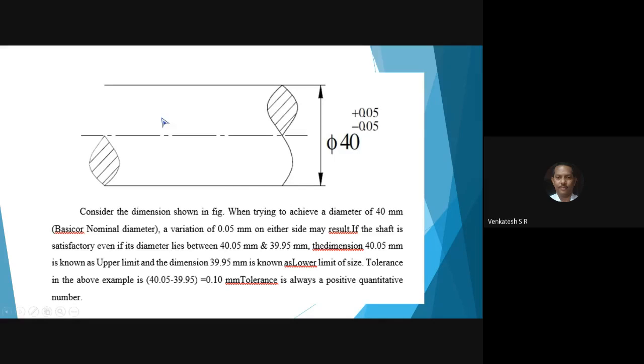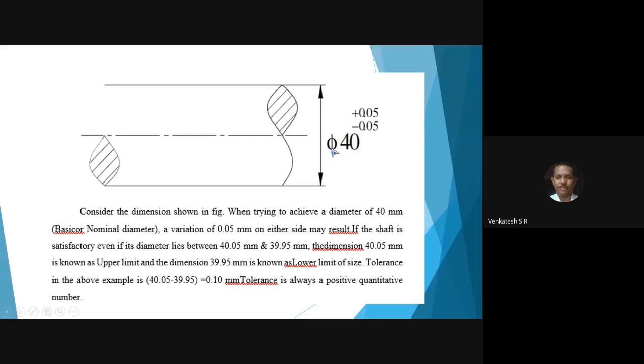Suppose in the drawing they mention a symbol, so what is this symbol? Phi, this indicates diameter. You can write phi at the start of the dimension or after the dimension, that indicates diameter. So phi 40, that is 40 millimeter.